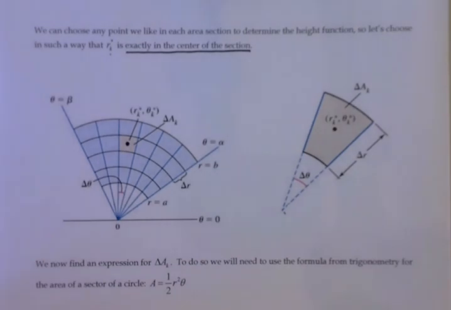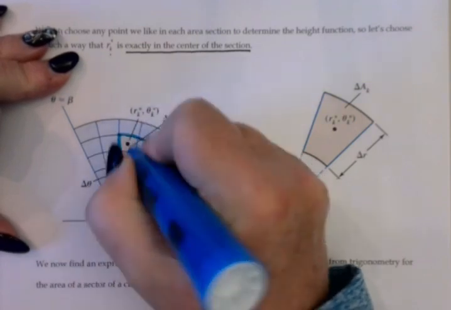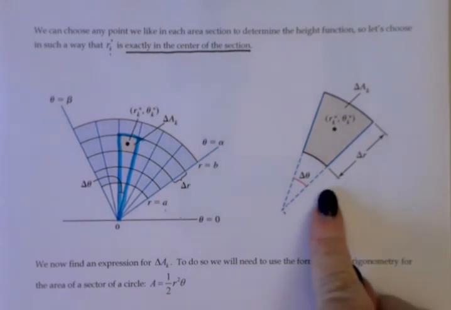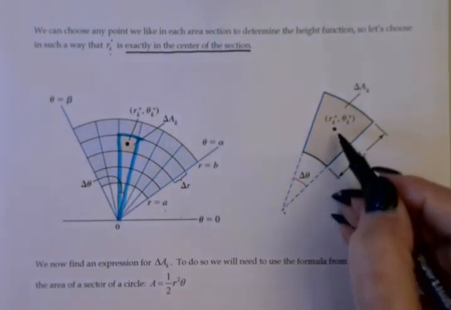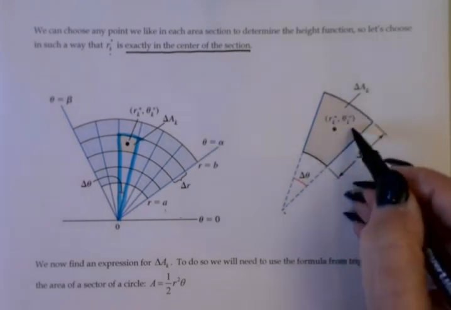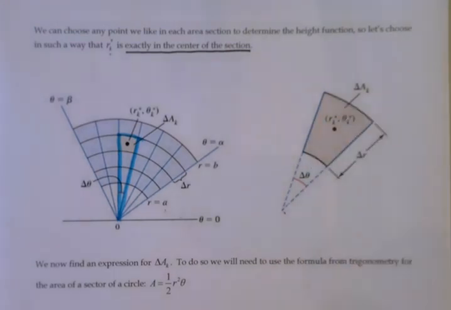This piece here is redrawn but enlarged over here. So once again, you can see this point right in the center of our polar rectangle, r k star, theta k star. The area of that piece is delta A sub k.